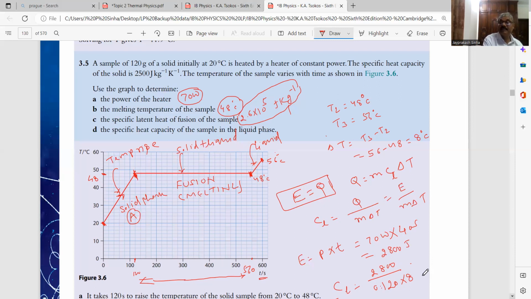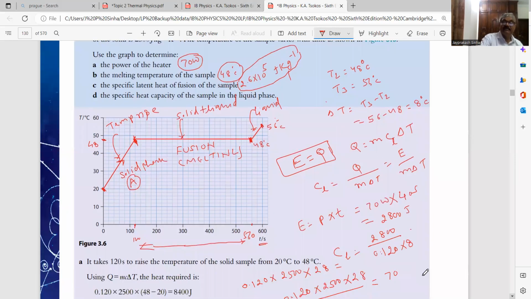Correct? So when you calculate it, we'll make some space here. This part was from the earlier part, so we'll erase it.